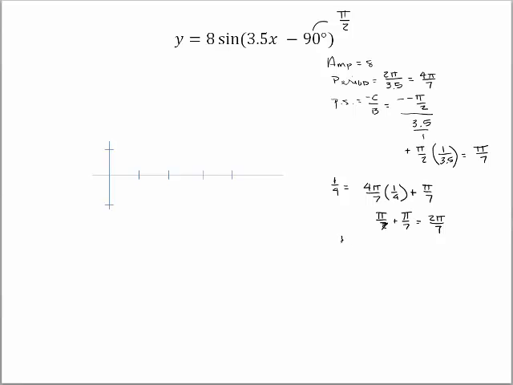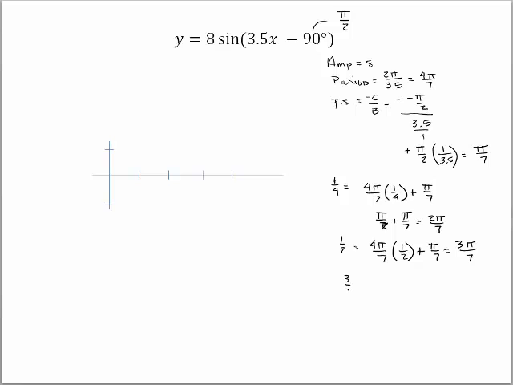And then our half point is our original period, 4 pi over 7, times 1/2 plus our phase shift. Simplification again gives us 2 pi over 7 plus pi over 7 equals 3 pi over 7.